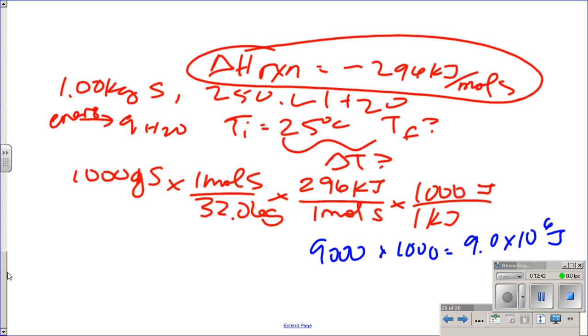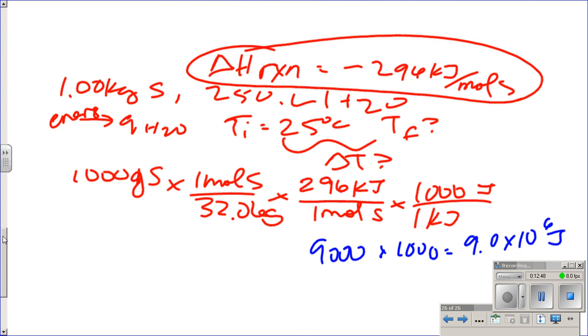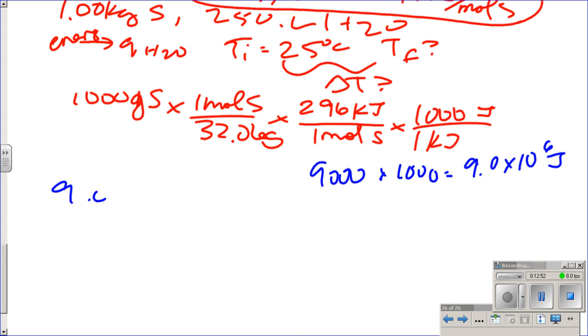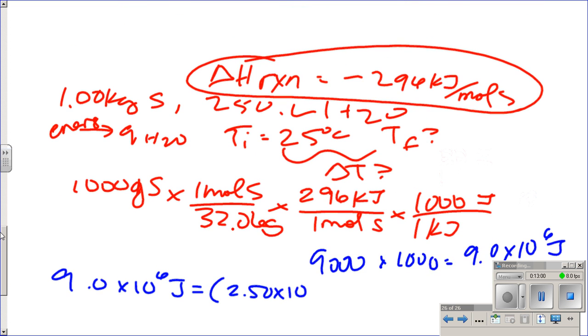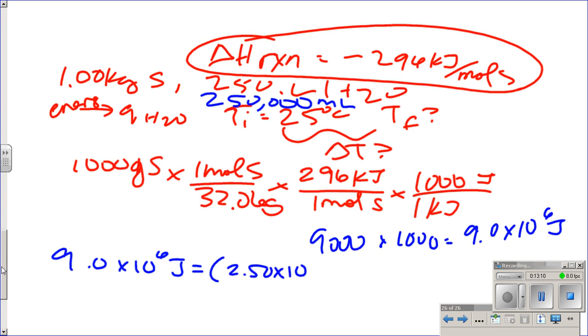Okay, got that part. Your mass of water, it was 250 liters, so the mass is 2.50 times 10 to the 5th grams, because 250 liters is that many milliliters, and that many grams as well, because the density of water is 1.